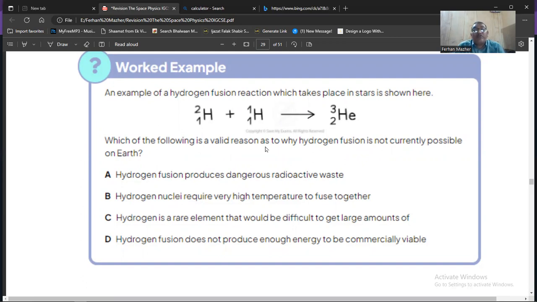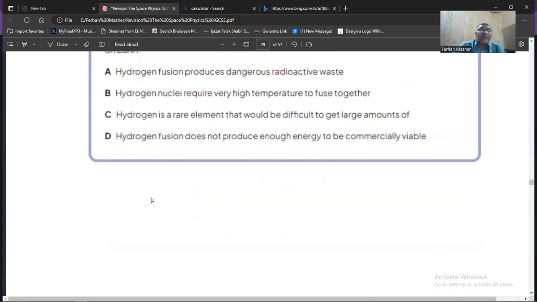A, hydrogen fusion produces dangerous radioactive waste. B, hydrogen nuclei require very high temperature to fuse together. C, hydrogen is a rare element that would be difficult to get large amounts of. D, hydrogen fusion does not produce enough energy to be commercially available.